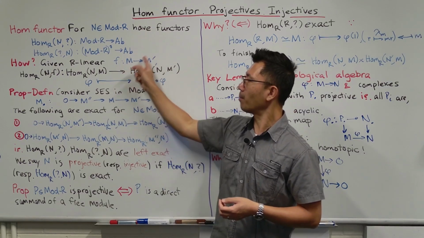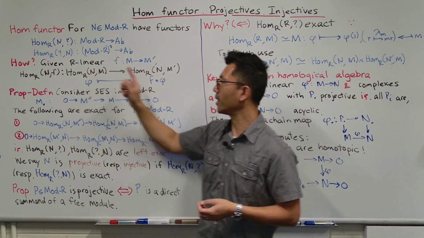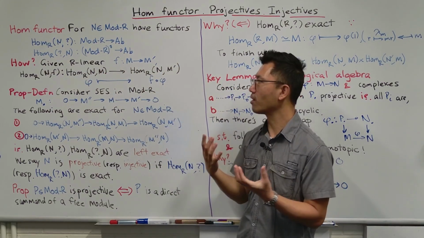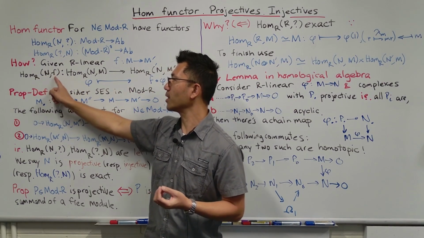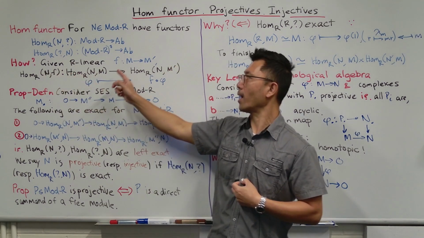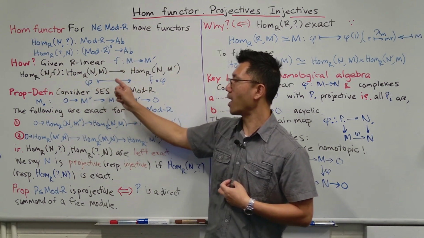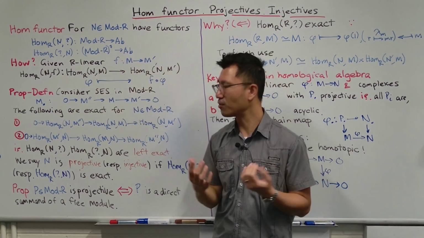So now let's apply Hom_R(N, -) to these two objects. So you get Hom_R(N, M) and Hom_R(N, M'). And if you want a covariant functor, so I claim this Hom_R(N, -), if I put an f in here, that's going to give you a morphism in the category of abelian groups, so just an additive map from this Hom group to this Hom group. So I just have to define that for you.